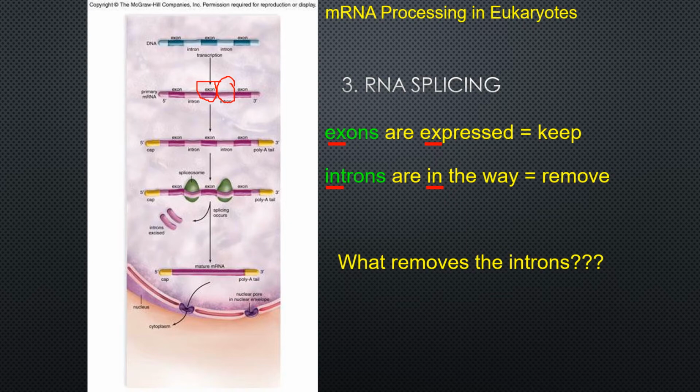Now, just something fun to think about is, why do we have introns at all? I think it's a great question. I don't know the answer. I don't think anybody knows the answer. Introns have always been thought of as portions of the messenger RNA that are just junk and thrown away.